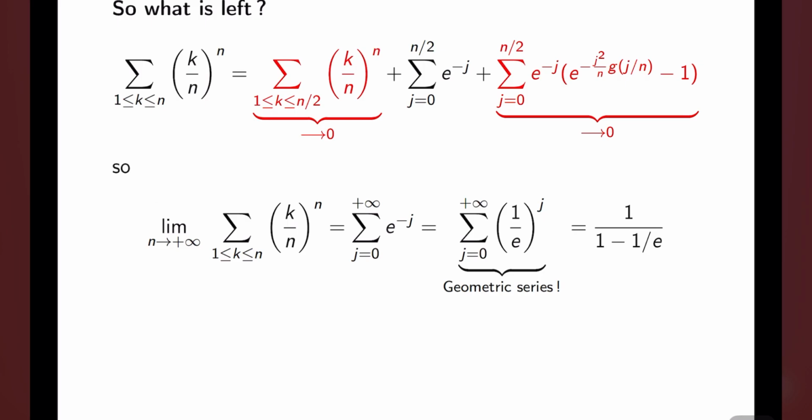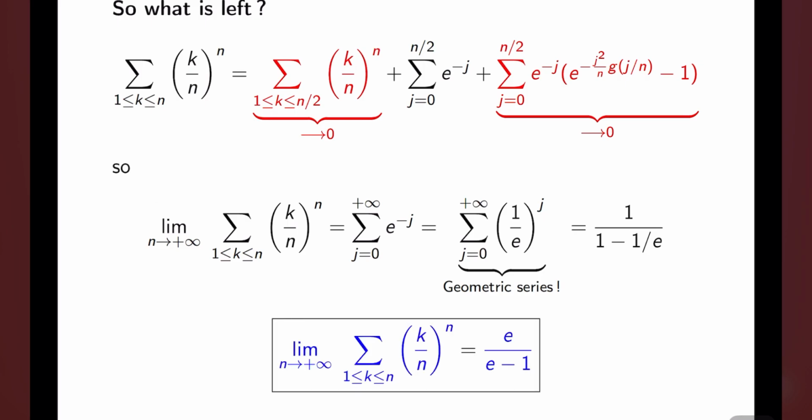And I know how to compute that. It's 1/(1 - 1/e). So at the end of the day, I get that the limit that I wanted to compute is simply equal to e/(e - 1), which is pretty nice and not so easy after all.